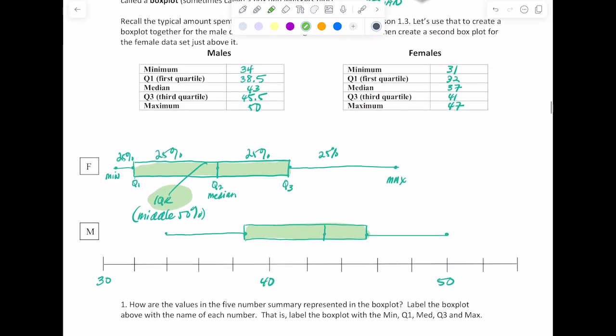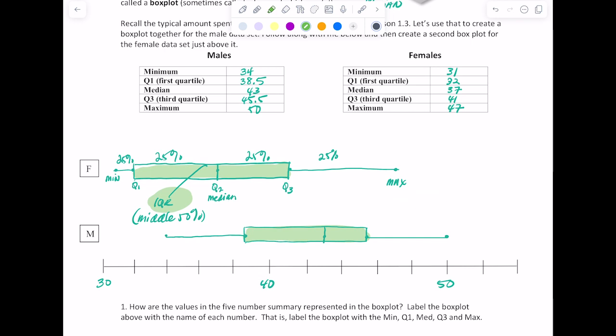You can easily tell by subtracting the Q1 value from the Q3 value for both. So here, Q3 minus Q1, my IQR is equal to 9, 41 minus 32. And then here, 45.5 minus 38.5 is 7.